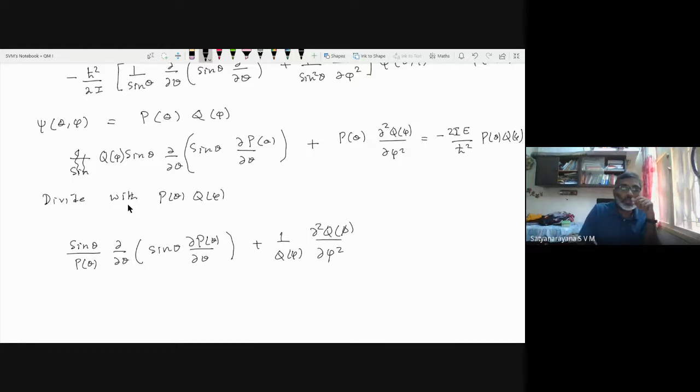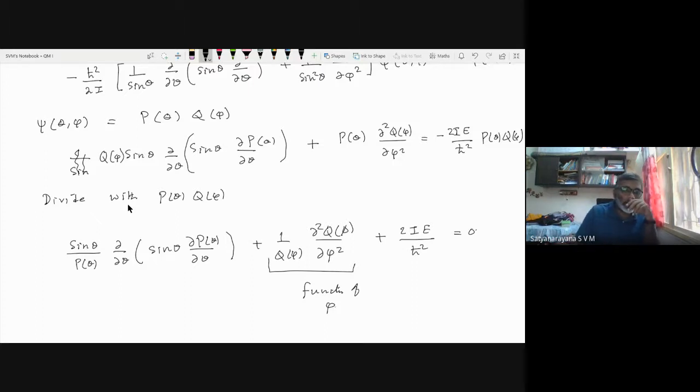I could have simply written this plus twice IE by h bar square. So this part is a function of phi, and the rest is only a function of theta.